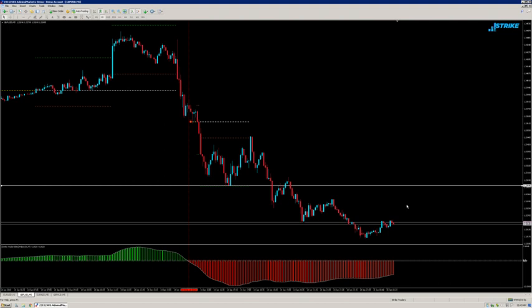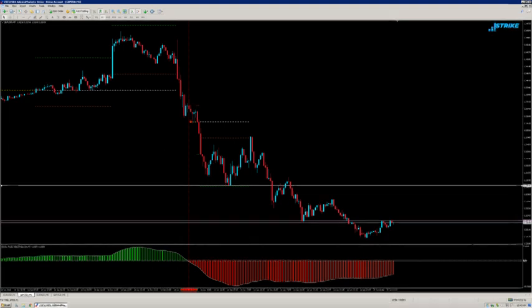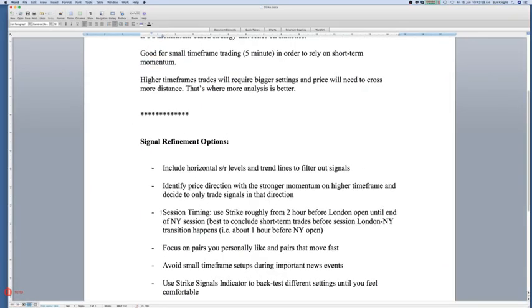So that's why I recommend trading once London opens, or a couple of hours before, because you already get some interesting volatility, and or when New York opens. So that's why I've written this here on the sheet.